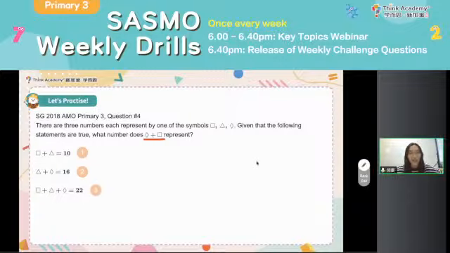Let's try. Firstly, maybe I just label the three equations as 1, 2, 3. So now everyone, according to equation 1 and equation 3, what can you get?